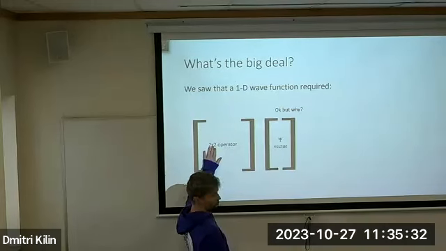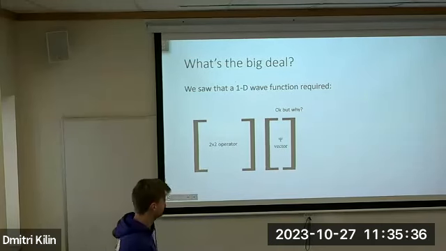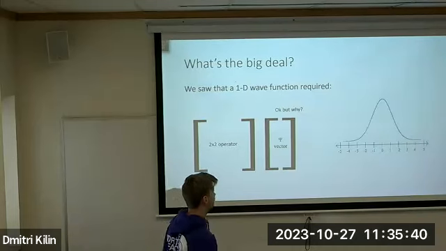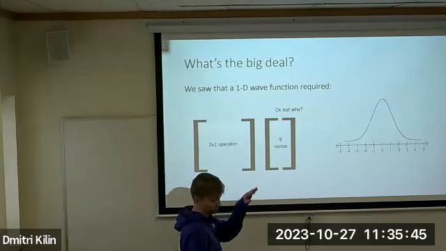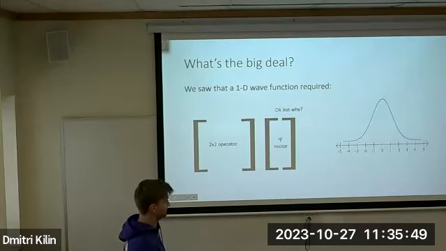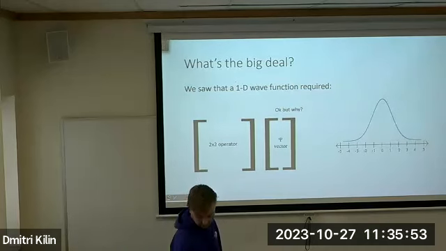So a 2D operator and a psi vector in that exponent that James showed. But why did it require that? Just as a reminder, we have a wave function in one dimension, and we want to know how it's changing with respect to x. So we can slap it in that exponent and mimic the Hamiltonian to get the evolution operator.